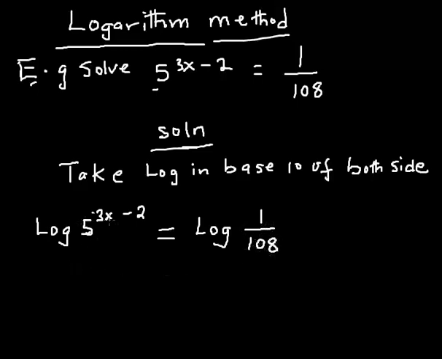Now, by the law of logarithm, you know the power of a logarithm goes at the back of the log. So that means the power 3x - 2 goes at the back. So now I'm left with (3x - 2) log 5 equal to log of 1 over 108.